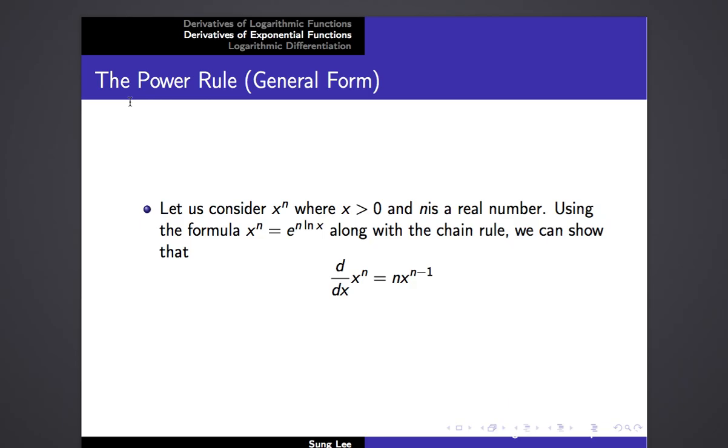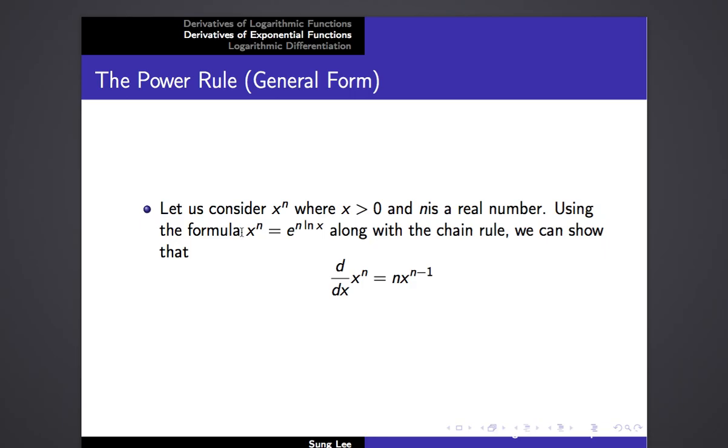We proved it, but in fact, as I explained at that time, even when n is an arbitrary real number, the power rule still holds. So this time, let us consider the power function x to the power n, where x is positive and n is any real number.